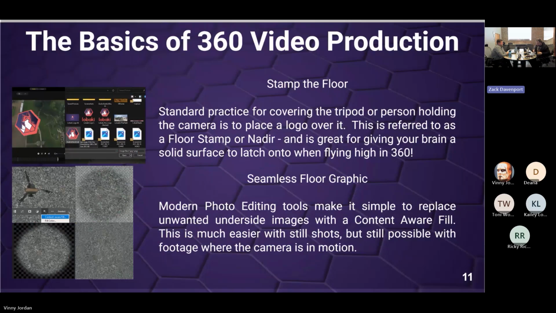You can get fancy, and it's got a lot easier these days with the generative, content aware fill in Photoshop and stuff. We've done this before as well, where the ground that you're on typically is going to be stable, and so we can just make a fake image that matches the ground, and then you're going to be totally immersed, because when you look down, it just looks like the ground you're standing on.